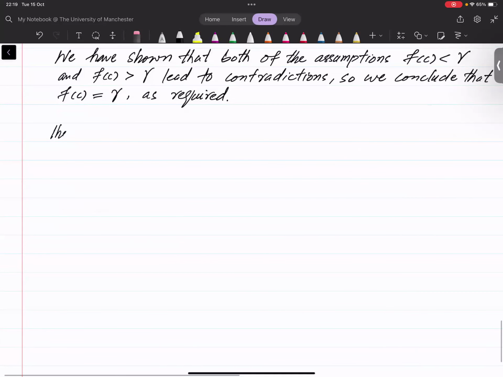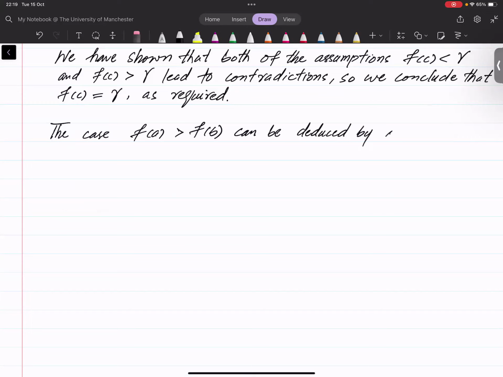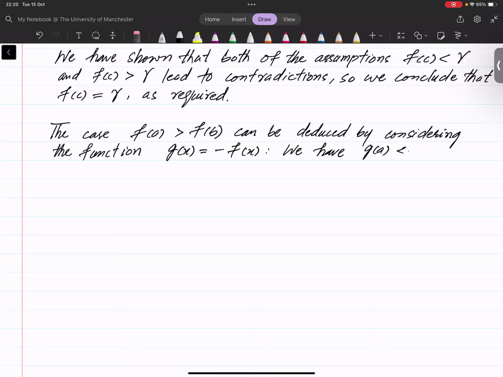Now the case where f of a is greater than f of b can be deduced by considering the function g of x equals minus f of x, and we have g of a is less than minus gamma, which is less than g of b.